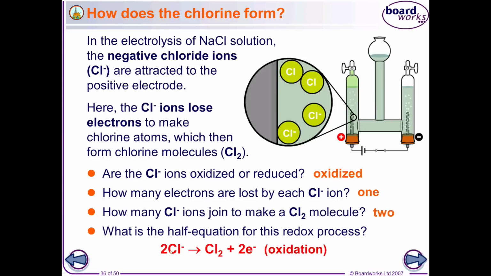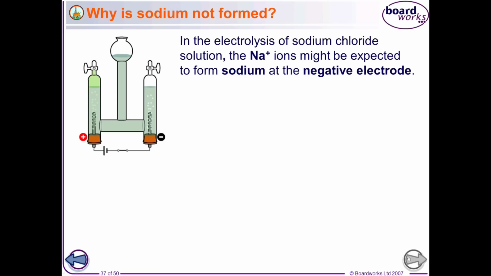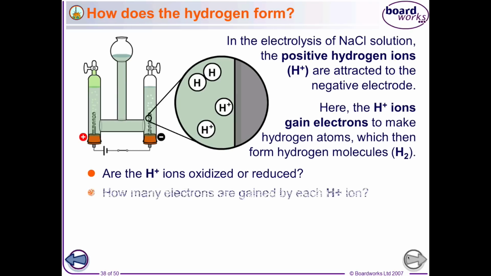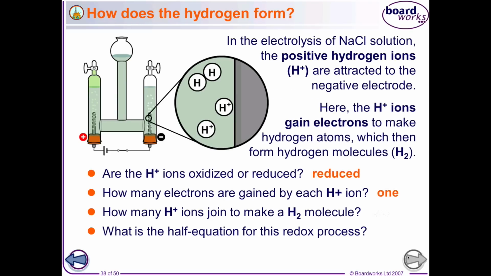Now, the second equation you need to know is the one that occurs at the negative electrode. So our next half equation is very simple. It's H plus plus 2 electrons gives H2, and that's the equation for what happens at the negative electrode, and you need to know both those equations, the one for the negative electrode and the one for the positive electrode.